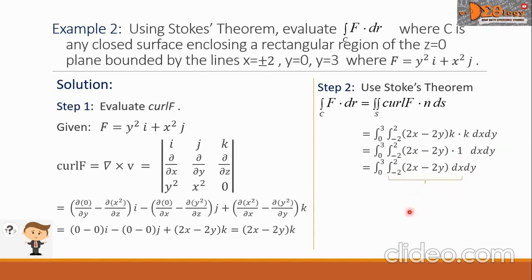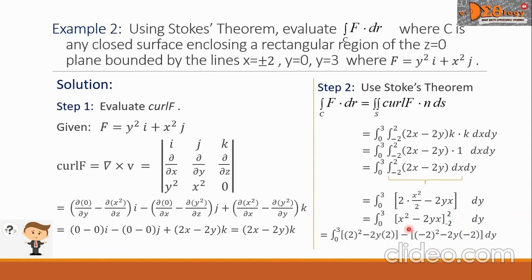Now let us start evaluating the inner integral. The integral of 2x with respect to x will be 2 times x squared over 2 minus the integral of 2y with respect to x, that will be 2yx. We can simplify this portion into x squared minus 2yx. Then we evaluate this with respect to the limits from negative 2 to positive 2.